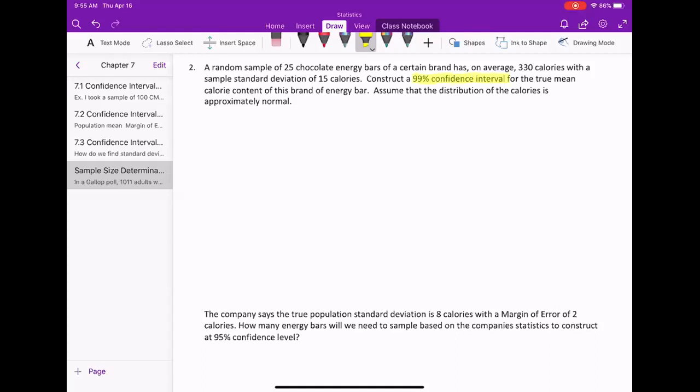Yes, the problems in this chapter will tell you exactly what formula to use if you look for the keywords. So I am doing a confidence interval of the mean, which means I have to use a t distribution. Look at the chart: Z is for p, T is for mean.